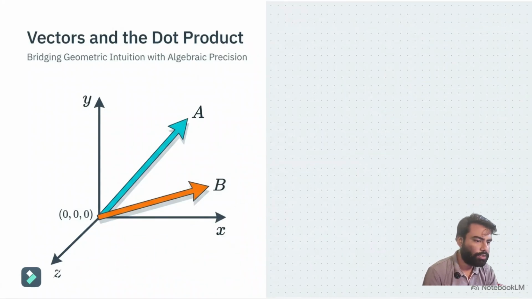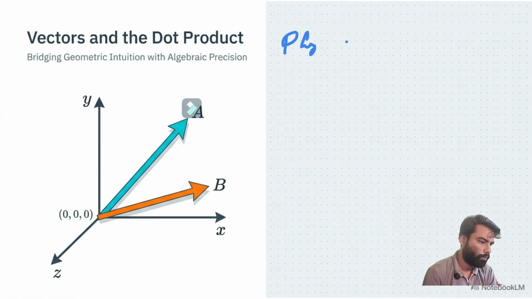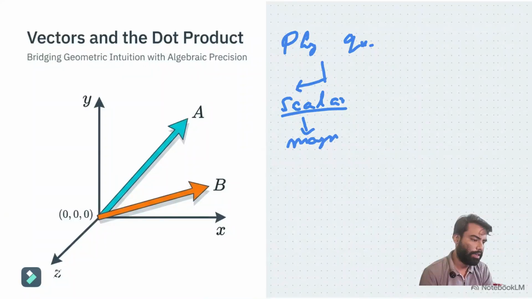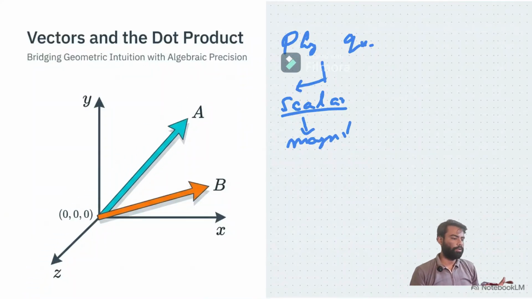So here we get two types of physical quantity. One is what does not need any direction. We call it a scalar. Only magnitude is enough for a scalar.